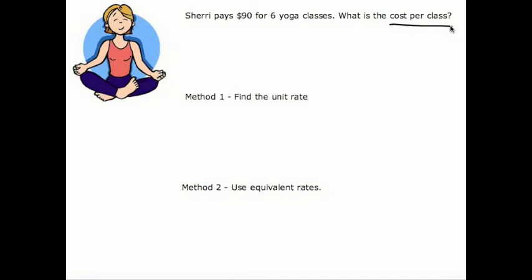Okay, so we can do it 2 different ways. We can find the unit rate like we just did before. Okay, so we can say $90. We want to find out the unit rate for 1 class. So to get from 6 to 1, we divide by 6.